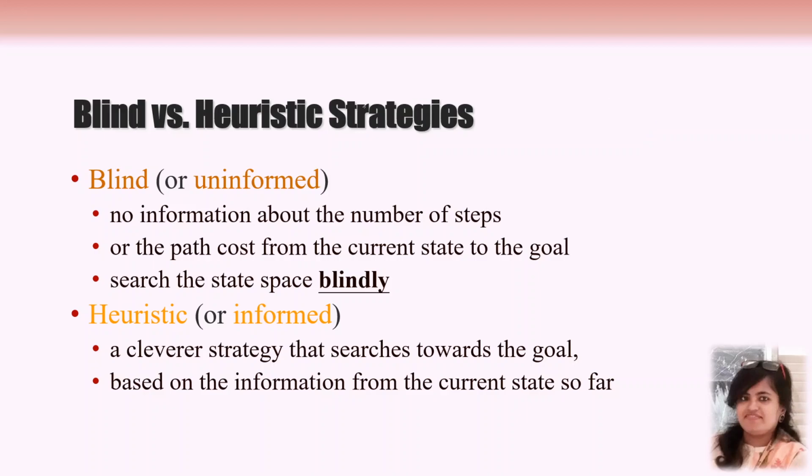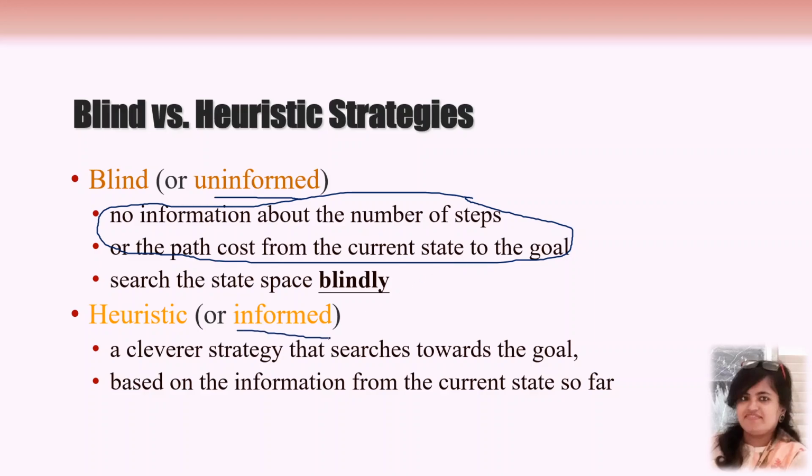So these are the uninformed ones, where this information is not present. But suppose this information is present to you, then those search techniques become the informed search technique or heuristic.